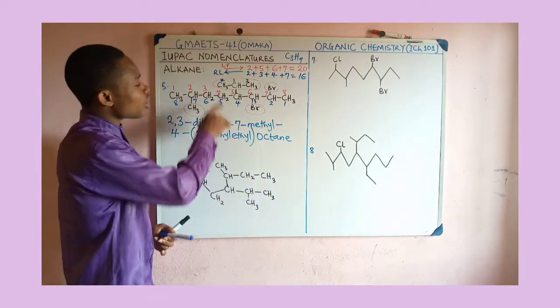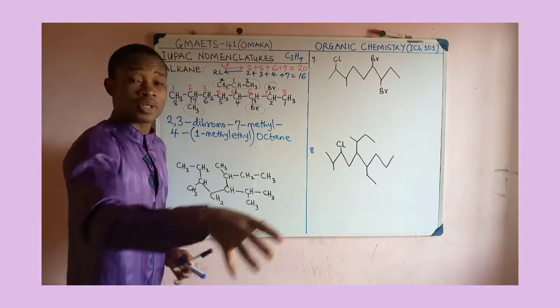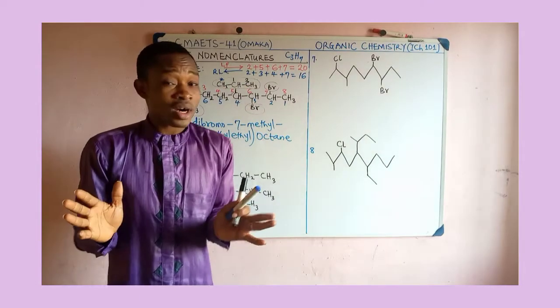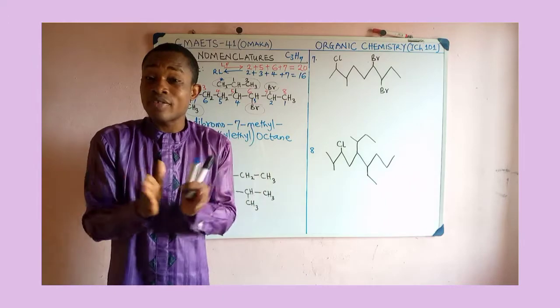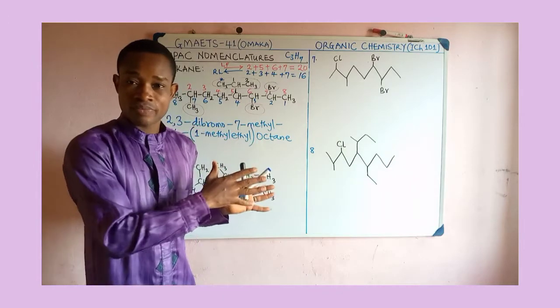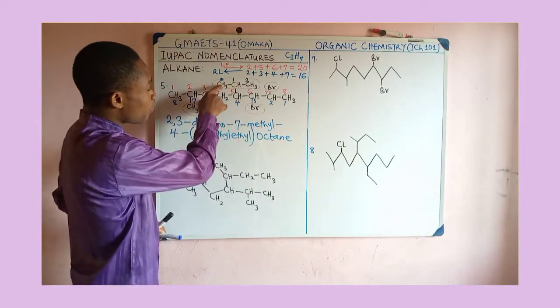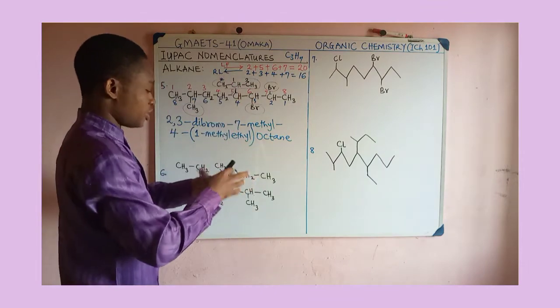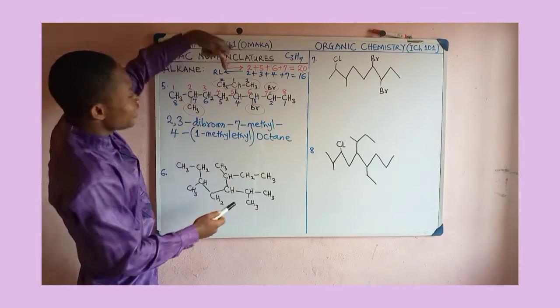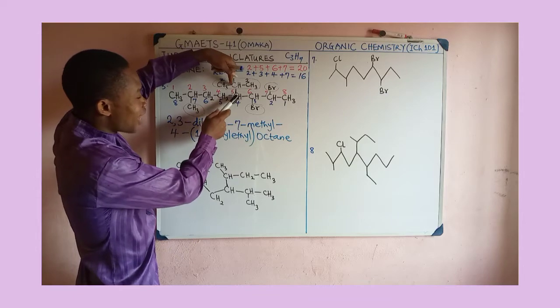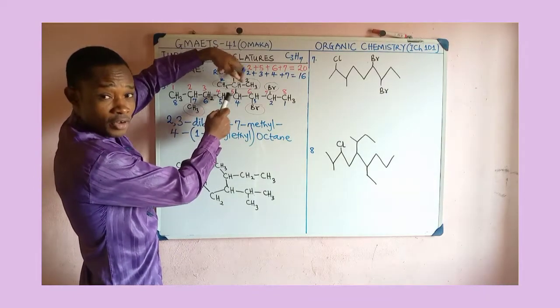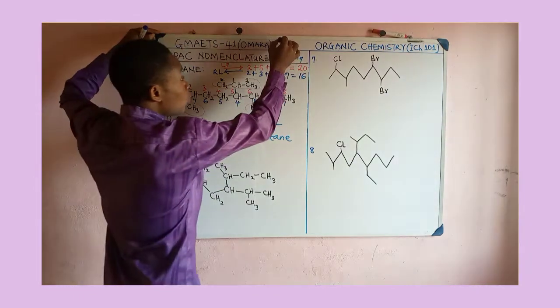But the reason we can't call this propyl directly is that you would not be in line with the rule that guides this. If this were to be propyl, then the carbon atom that is directly attached to the parent carbon number 4 would look like this.